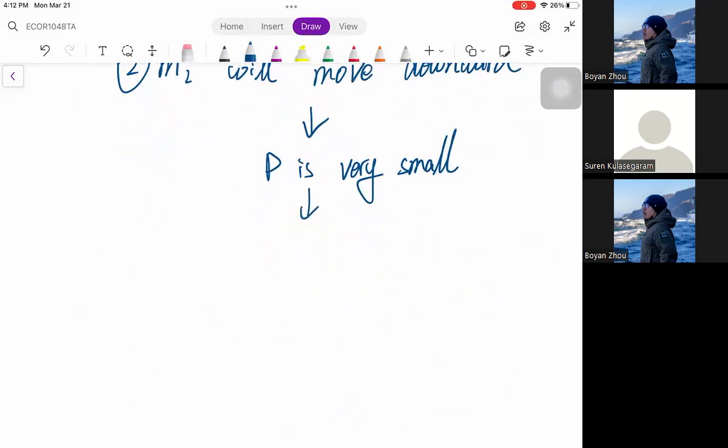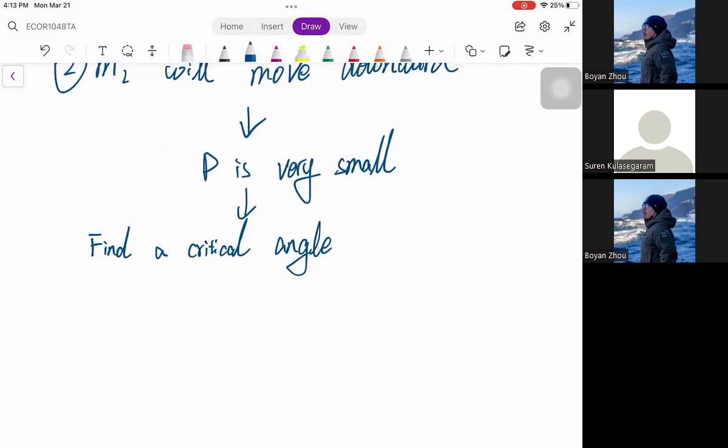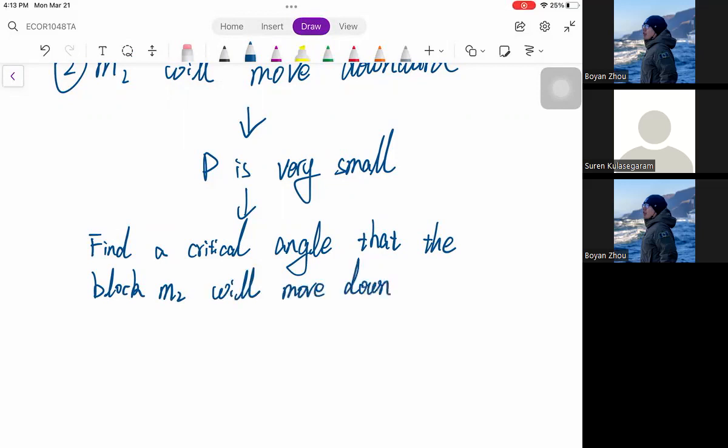So we need to find a critical angle at which the block M2 will move downward.